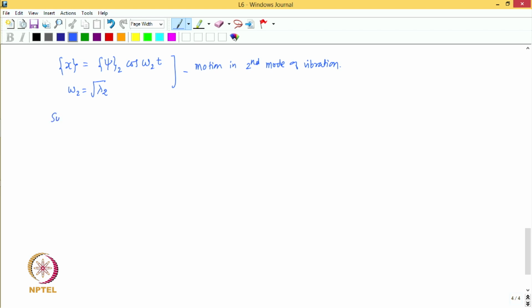Therefore, what is the summary, right. For a 2 degree of freedom system, we have two distinct ways in which the system can vibrate naturally with harmonic motion.